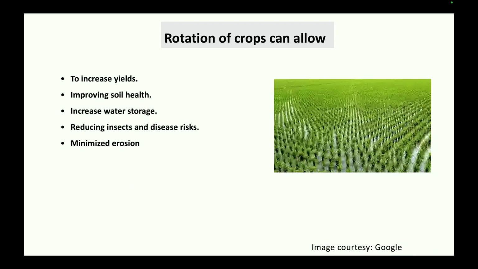Now, rotation of crops can increase yields, improve soil health, increase water storage, reduce insect and disease risk, and minimize erosion. These are the basic reasons that farmers always rotate crops on their own land, because they want to maintain or increase the fertility of the land.